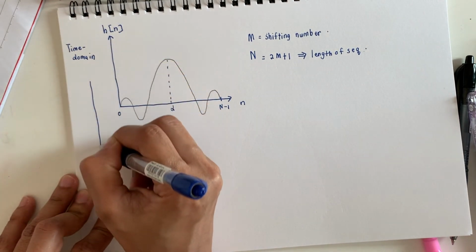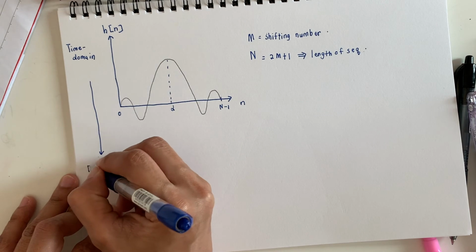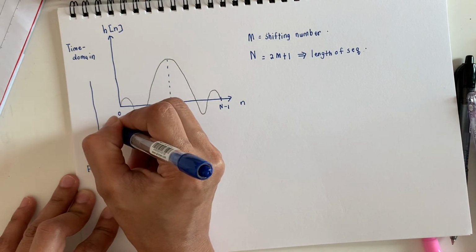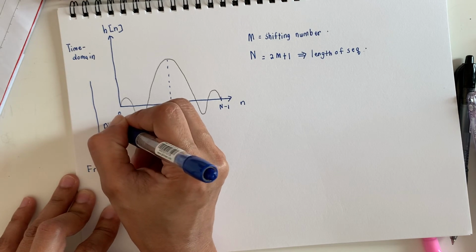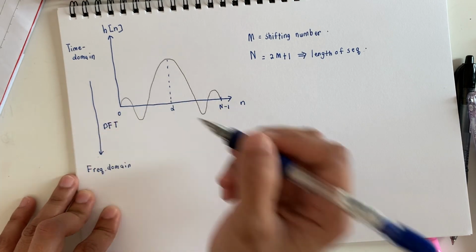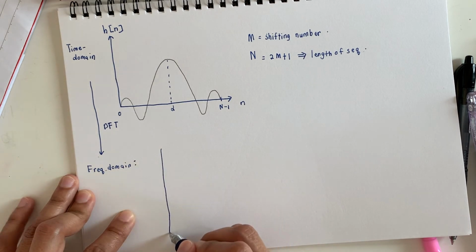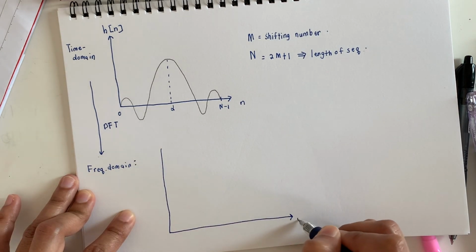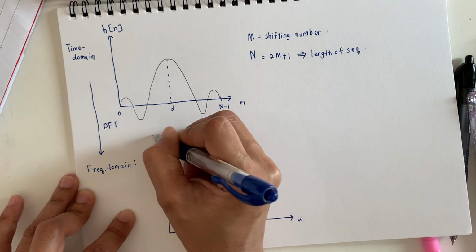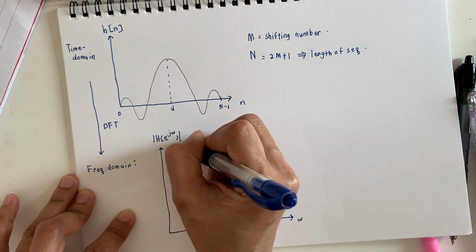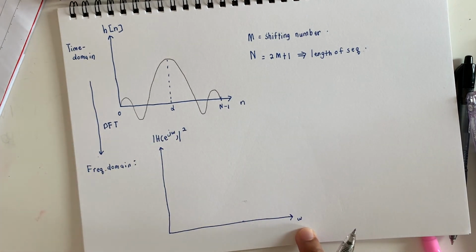If you want to see the signal in frequency domain, you need to do the DTFT. What you will get is like this: your magnitude, your frequency.